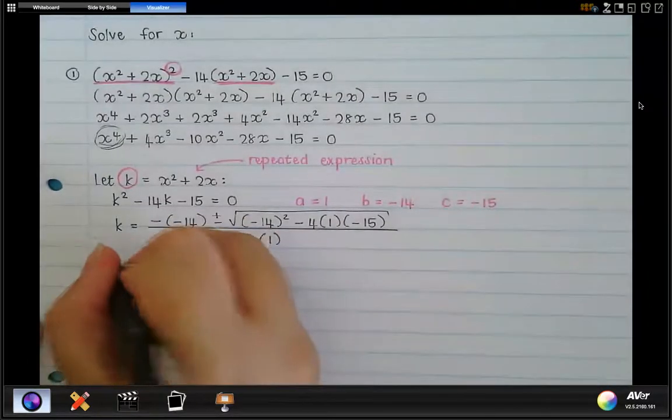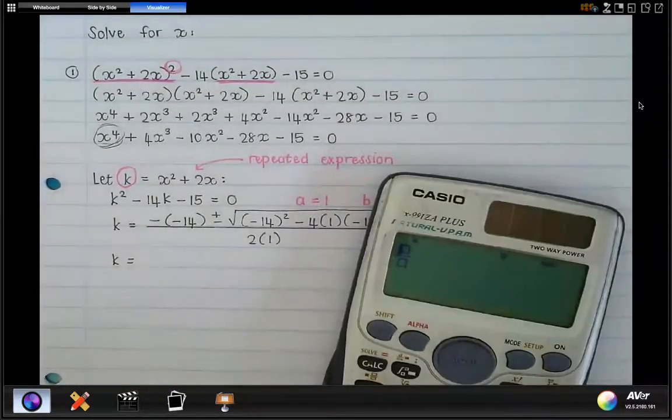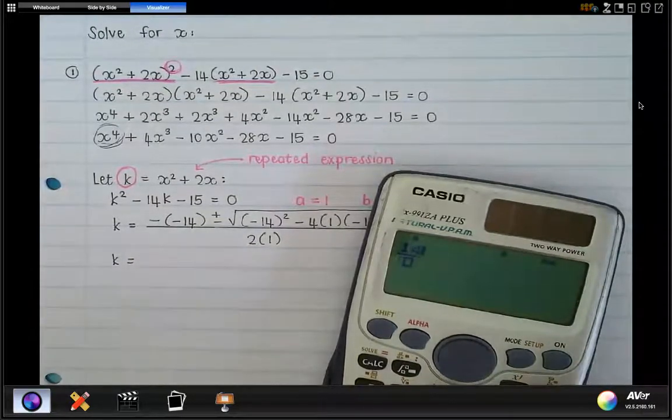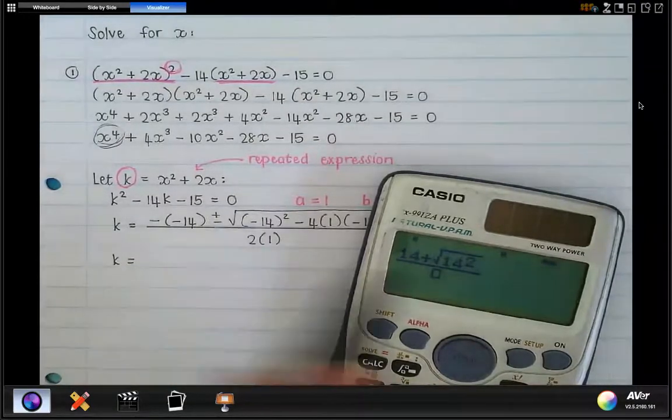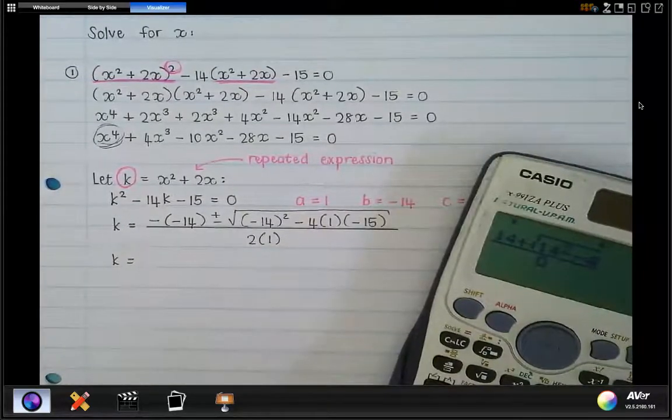You would then type that into the calculator and get your two answers. So let's just do that quickly. I'll just start again. 14 plus the square root of 14 squared, because negative 14 squared and 14 squared will give you the same answer, right? Minus 4 times 1 times negative 15, over 2.